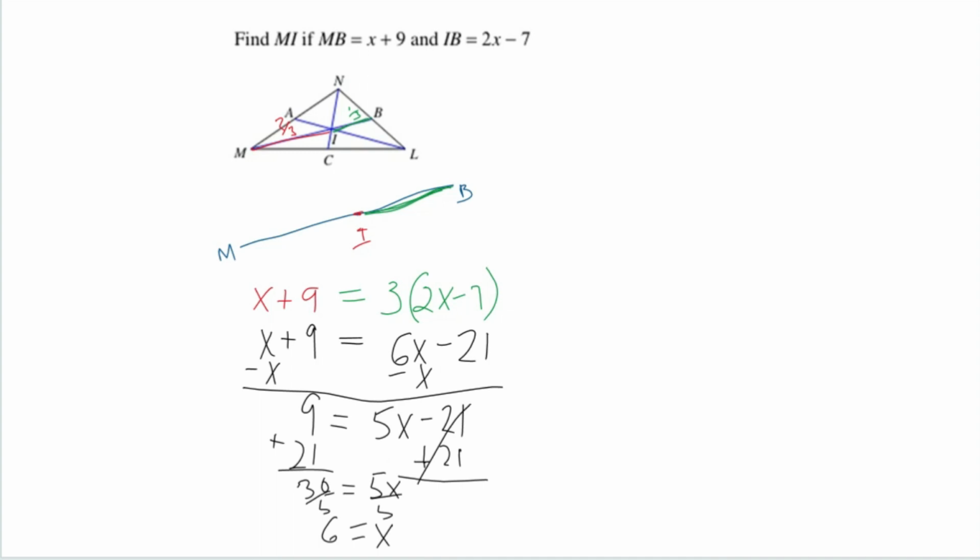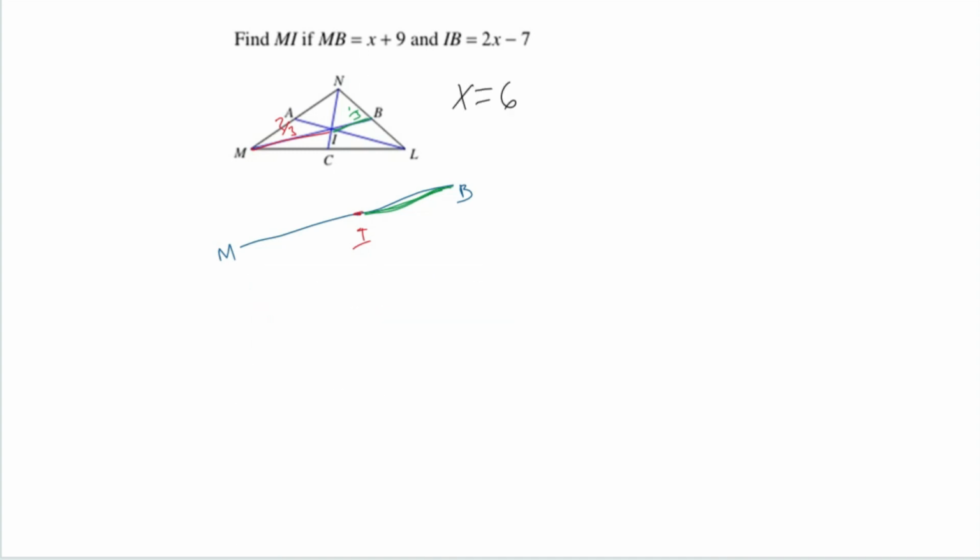Okay, so now we know the value of x. We can substitute that in and then go back and answer the actual question. Now we can say MB, which equals 6 plus 9, because we figured out what our x is. So MB is equal to 15. And then our IB is equal to 2x, which would be 12, right? 2 times 6 is 12, minus 7. 12 minus 7 is equal to 5.